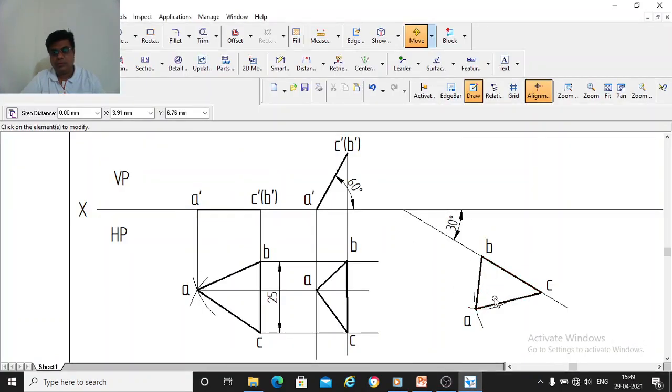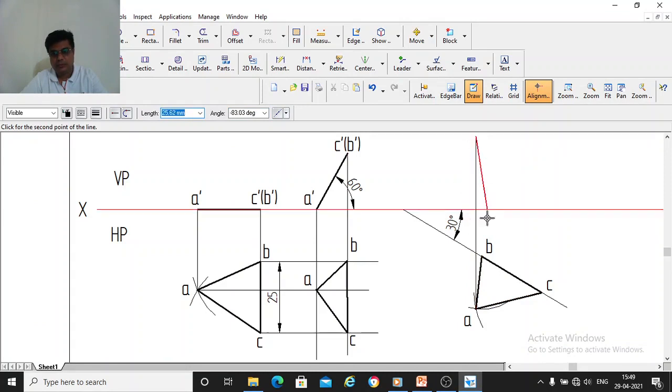From this top view, I should project the front view. So for that, what should we do? We should draw the projector lines. So from all these points you draw thin lines using your micro tip pencil. So from A, draw a vertical line. From B, you draw a vertical line.